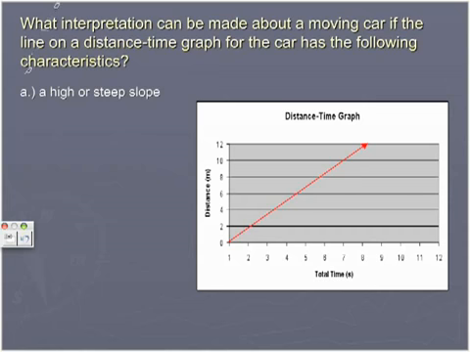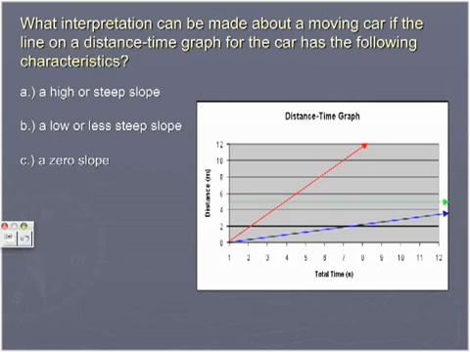Now, how would we draw our next line to show a less steep slope? Anything that would be obviously not as steep as our original one. But now, if we want to show a zero slope, a straight horizontal line. But what does that mean though?